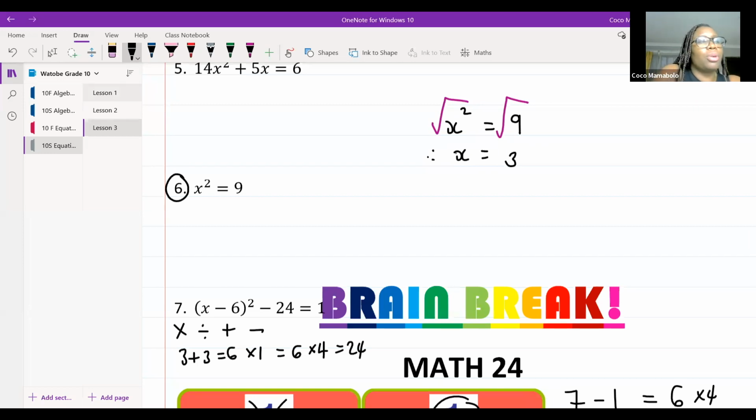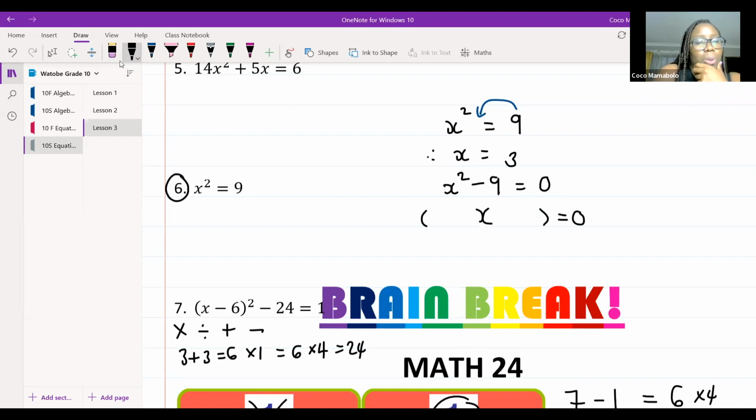Okay, so Mirula gave us one answer, but for those of you who are going to do difference of squares, I'm going to take the 9 over, and I'm going to end up with x squared minus 9 is equal to 0. Those of you who do that, you're going to end up with 2 answers. So Mirula, how come you ended up with 1 answer and everybody has 2 answers? What happened?